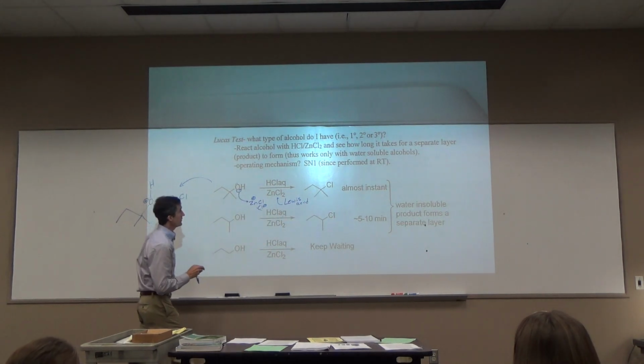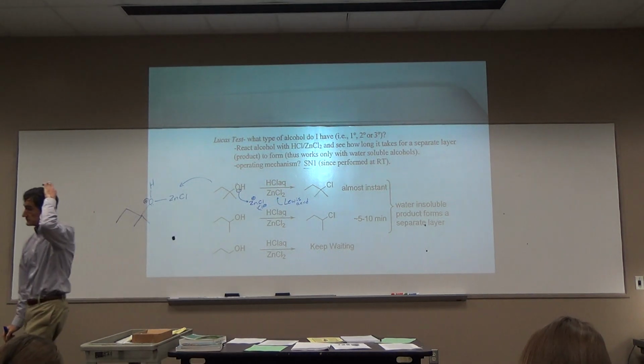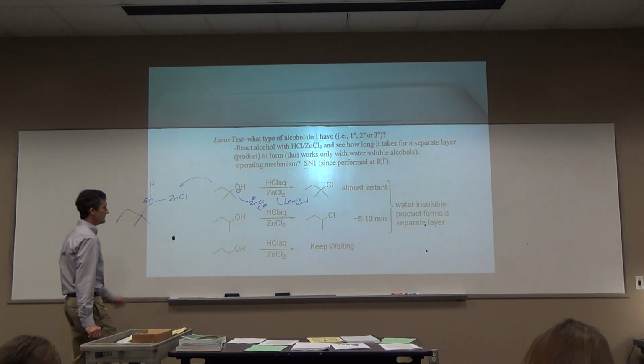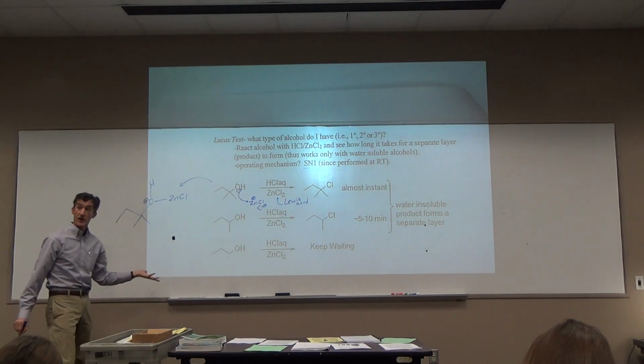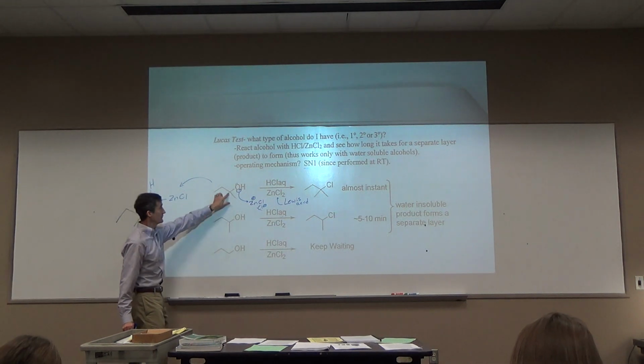Now the Lucas test also operates by SN1, because you do it at room temperature, and usually SN2 requires a little heat. So it is an SN1 mechanism. What type of alcohol is going to react fastest under SN1? Tertiary. We get to the key point, because a tertiary carbocation is going to form fastest.